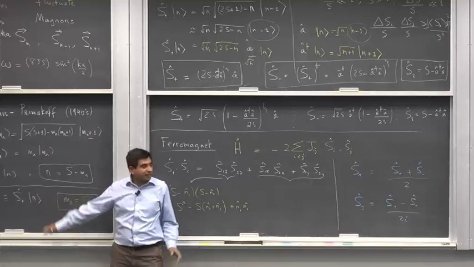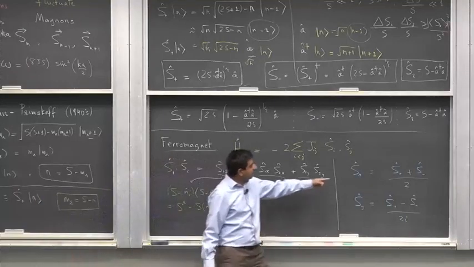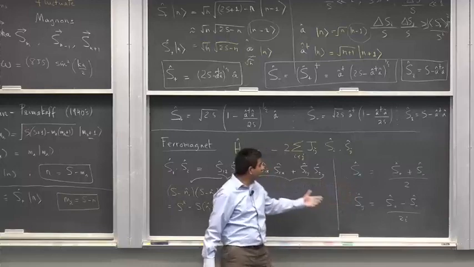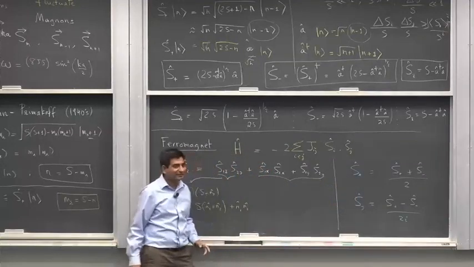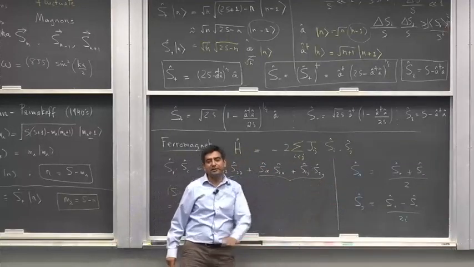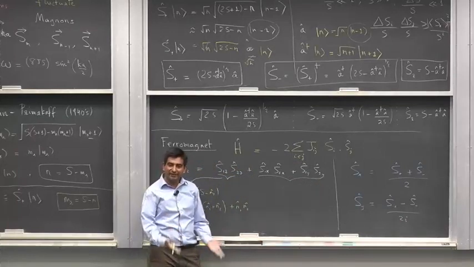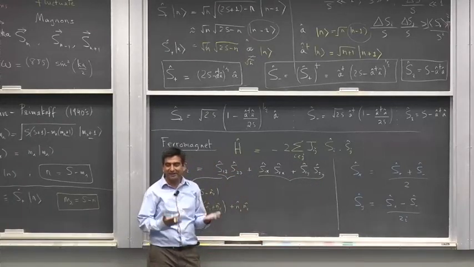So this is the transformation. Now I would like to replace these values of Sx and Sy here, so that I can express the planar Hamiltonian in terms of the ladder operators.